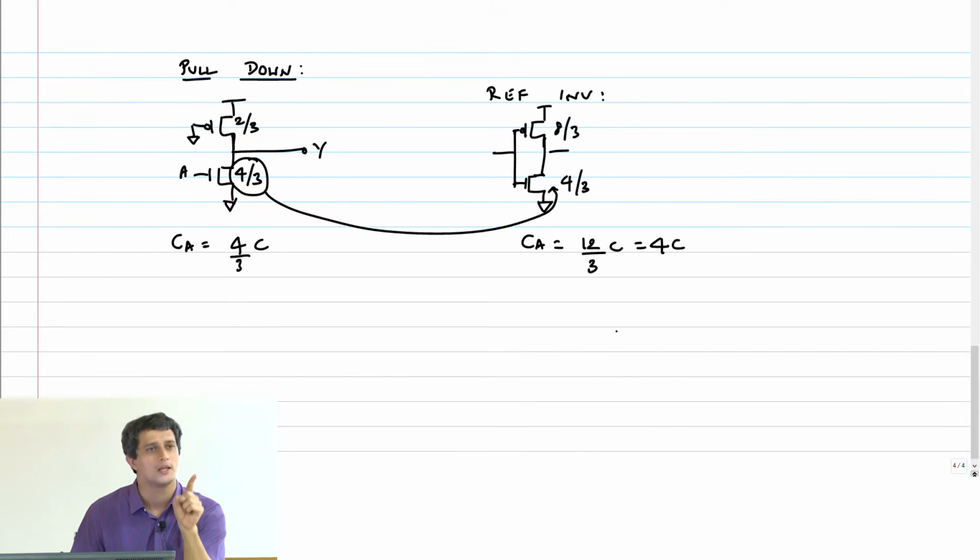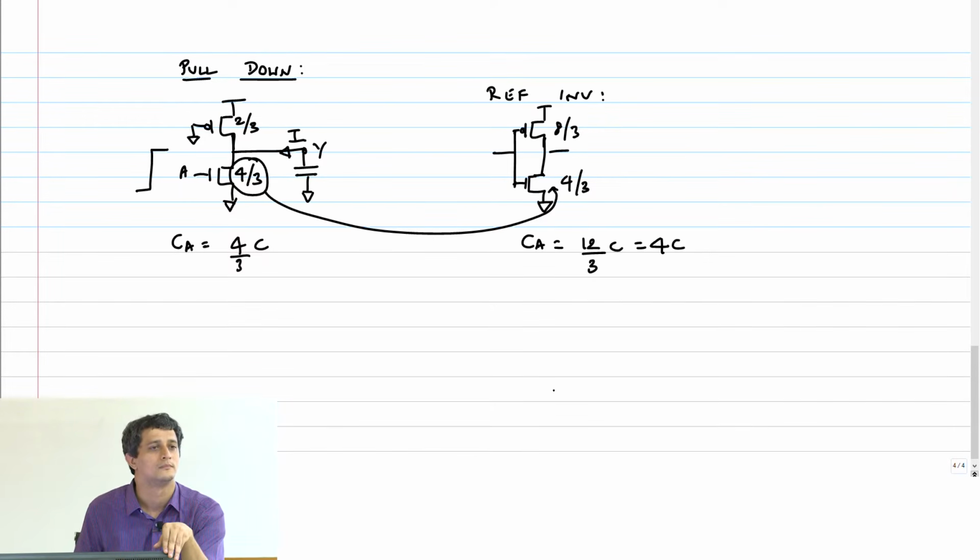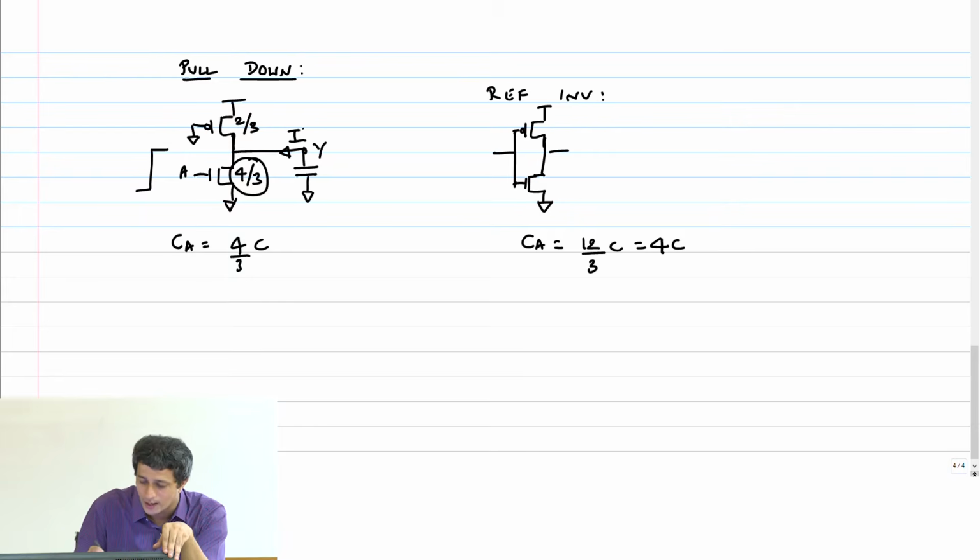So here in the pseudo-NMOS case, what matters is this current. The input is going instantaneously high, therefore we know that the current coming out of this load capacitor should be I. So what you should do is not this, but instead take this I and put the number here.